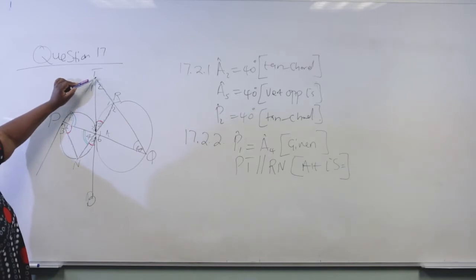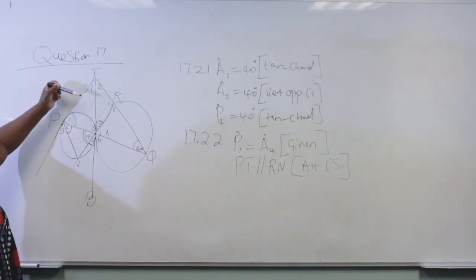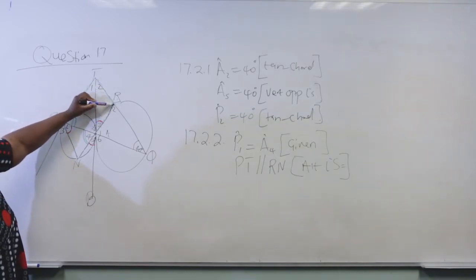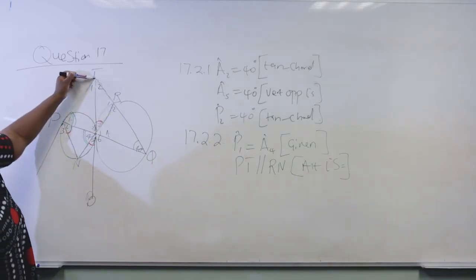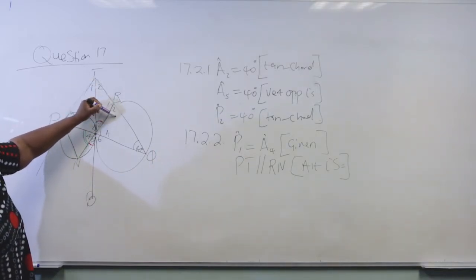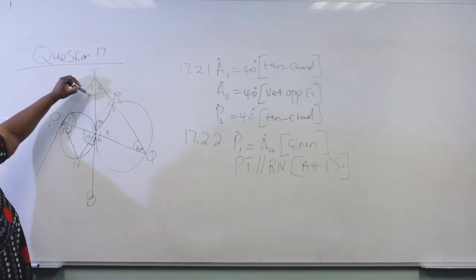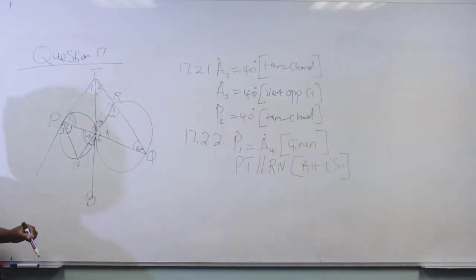If I'm using TR as my parallel line, moving from T going to R, we don't have a Z, we only have the F. Can you see that? We have the F there. It means that this angle there, which is R, is going to be equal to that angle here. That is my corresponding angles from the given information.